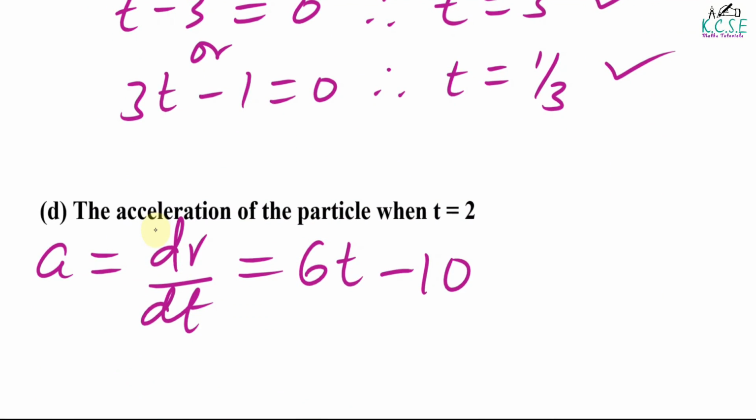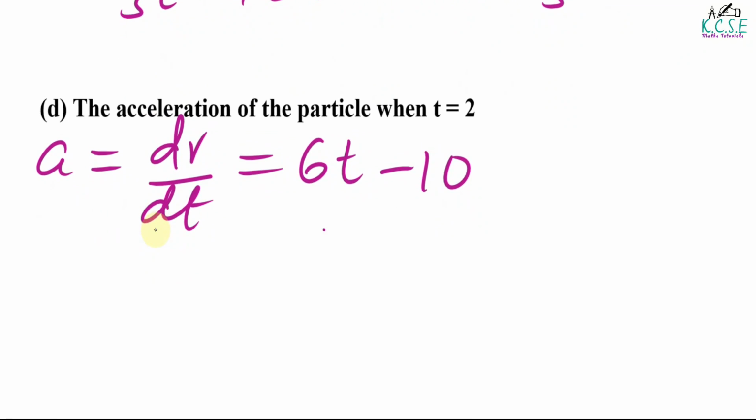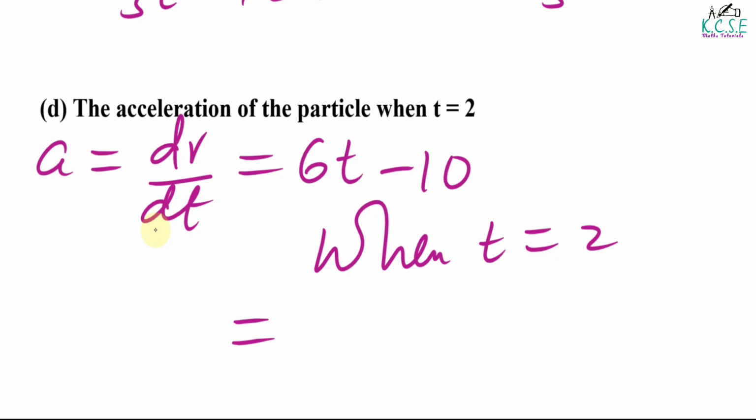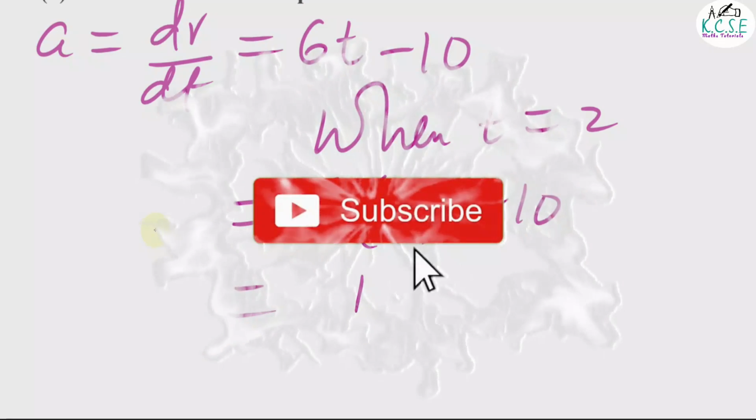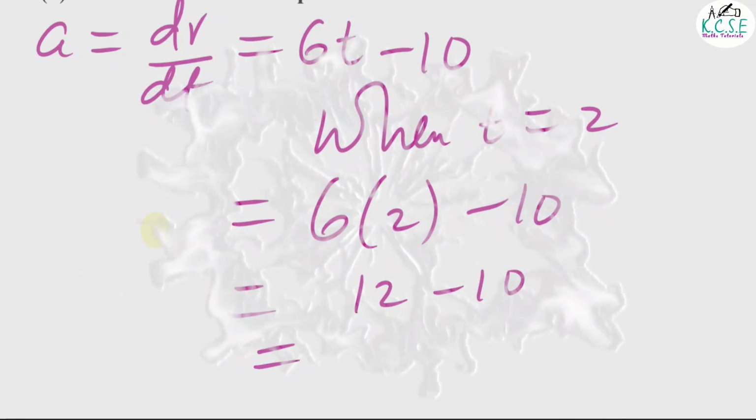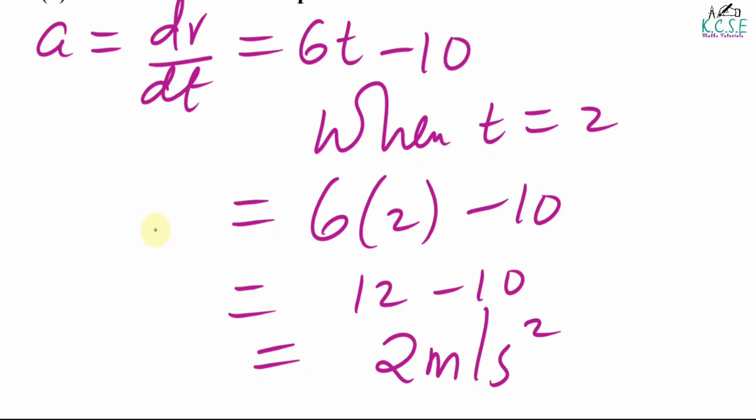So acceleration is given by 6t minus 10. When t equals 2, just substitute: 6 times 2 minus 10, which gives 12 minus 10, and you get 2 meters per second squared. So that is how you work out the last part of the question.